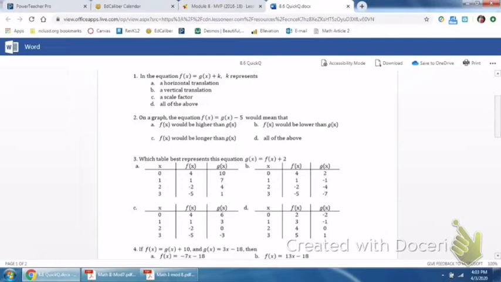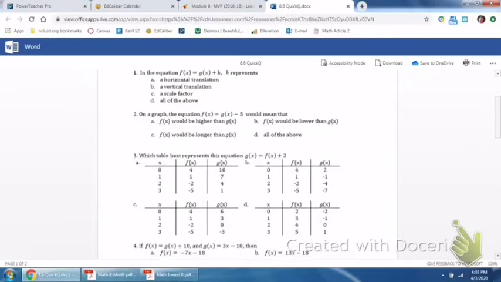Alright, so for number 2, there you have another vertical translation. Remember, read this as f of x is g of x moved down 5. Remember, vertical translations.